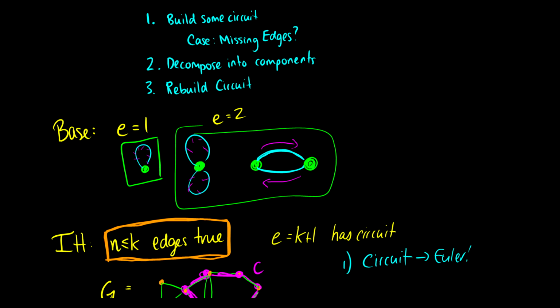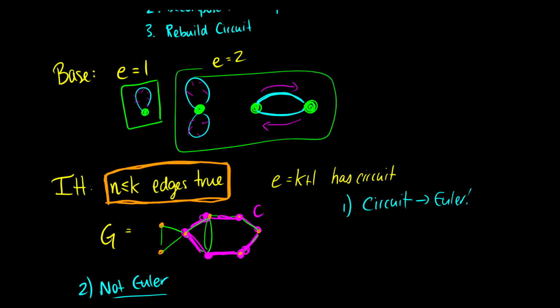So we're going to show that if connected and even degrees, because we want to take these two, and we want to show there's an Euler circuit. So we said, okay, if there's one edge, we can do it. If there's two edges, yes, it's going to have an Euler circuit for sure.